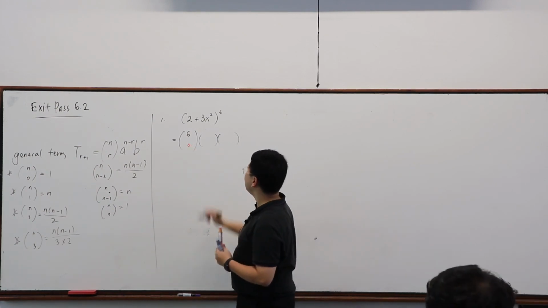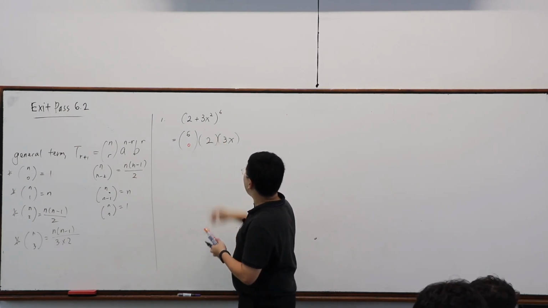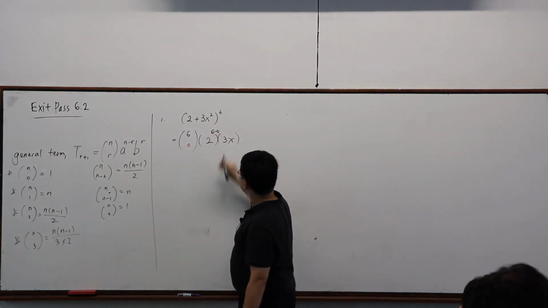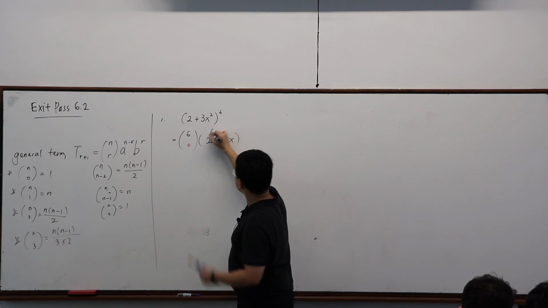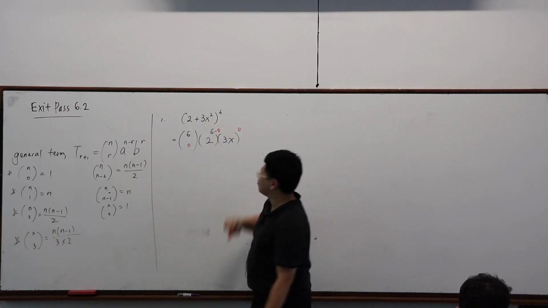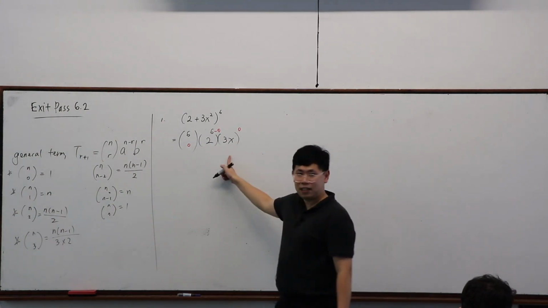Then this is your a, this is your b. For a, the power starts with 6 minus 0. Then for b, the power starts with 0. So this is the first term.